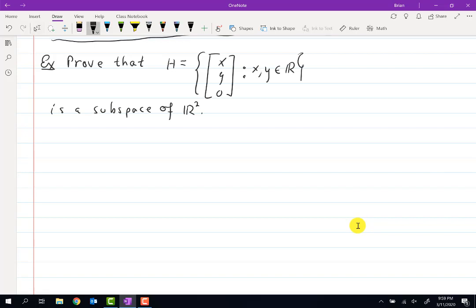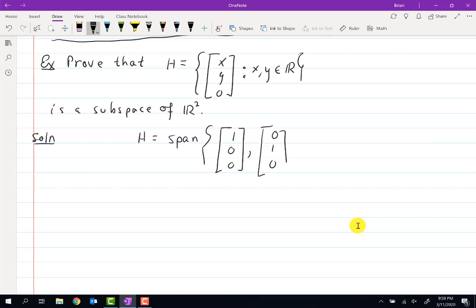Let me write this solution. Notice that H does equal the span of the following vectors: 1, 0, 0, and 0, 1, 0. And I should have said this is a subspace of R3.